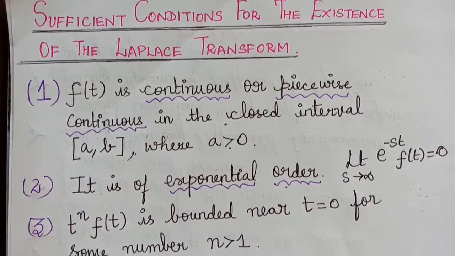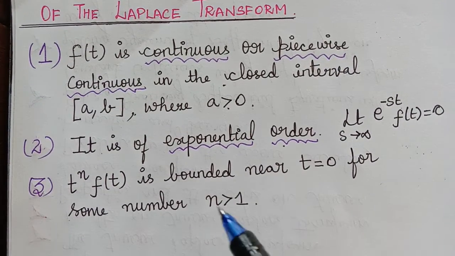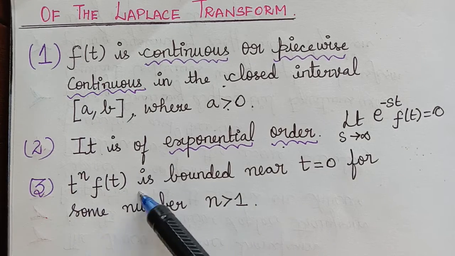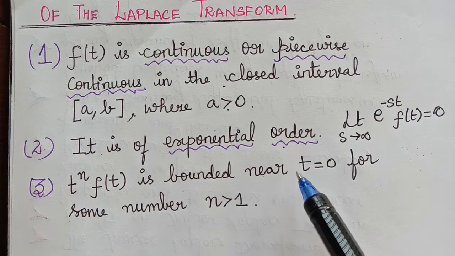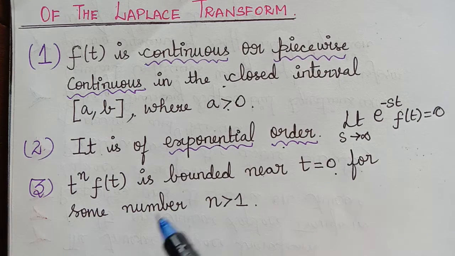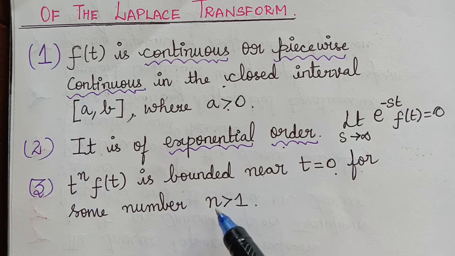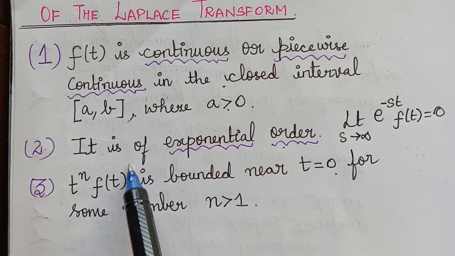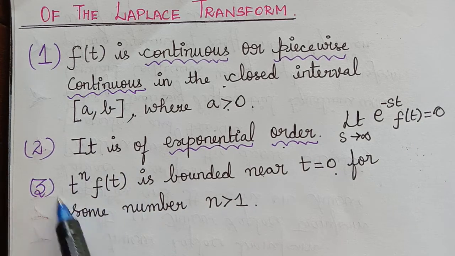And the last condition for the existence of Laplace transform is that t to the power n f of t is bounded near the value t equal to 0 for some number n which is less than 1. So if we consider t to the power n f of t, it will be bounded.